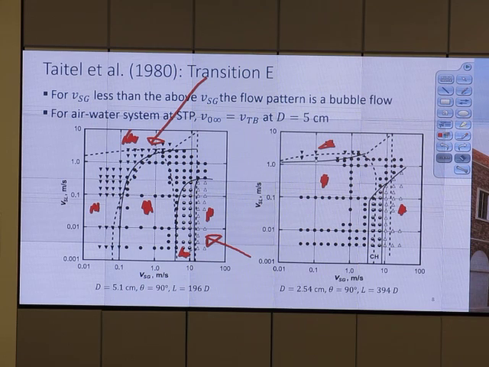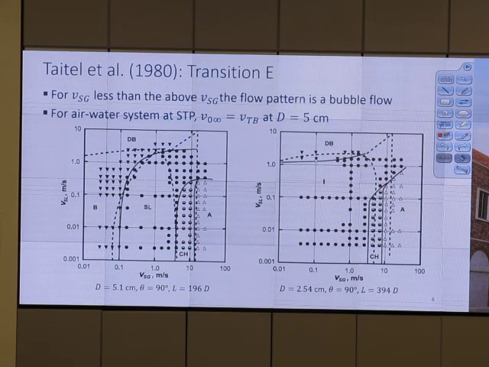Okay, correct. Danny, what is the flow pattern for this region? Churn flow. Good.